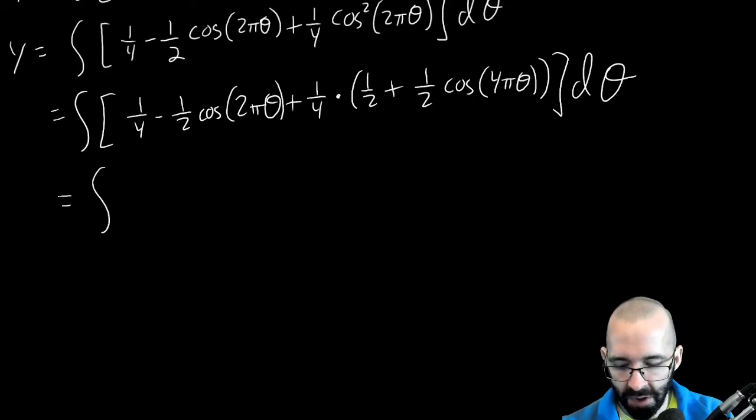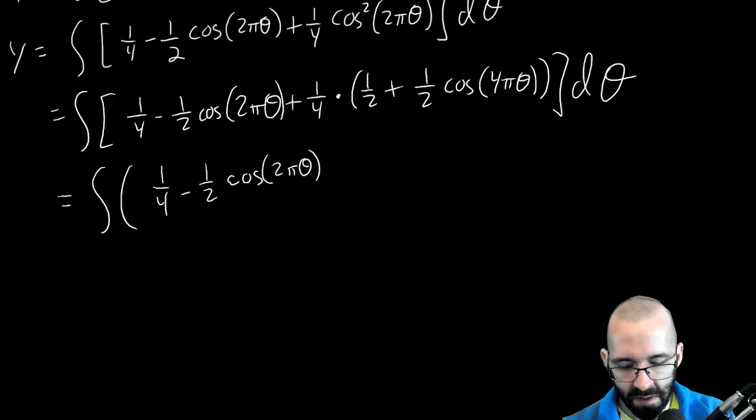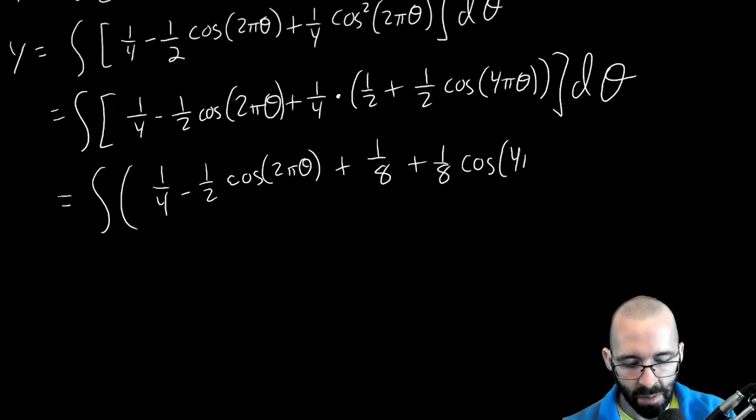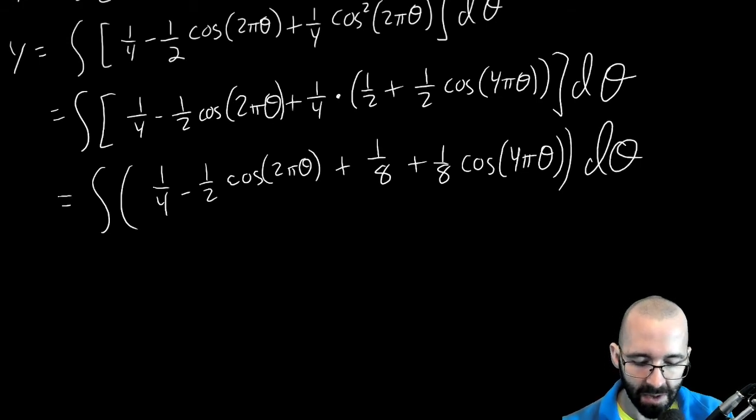So if we do that, integral of 1/4 minus 1/2 cosine of 2 pi theta, distribute, plus 1/8 plus 1/8 cosine of 4 pi theta. Wait, haven't we done a very similar integral before? Not the same though.